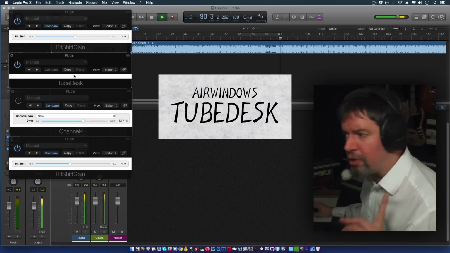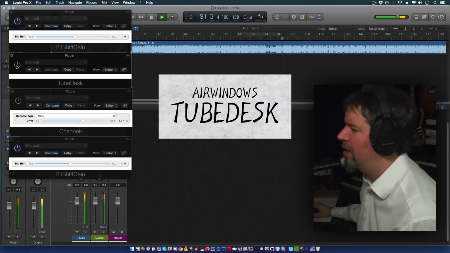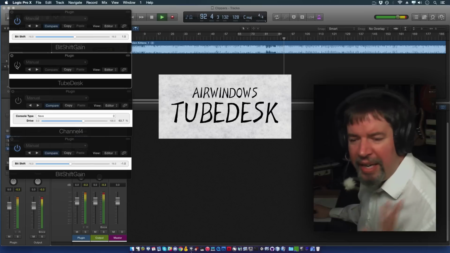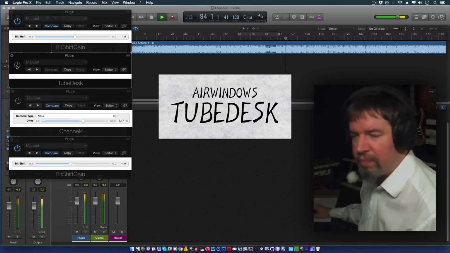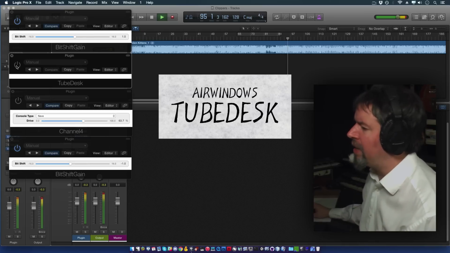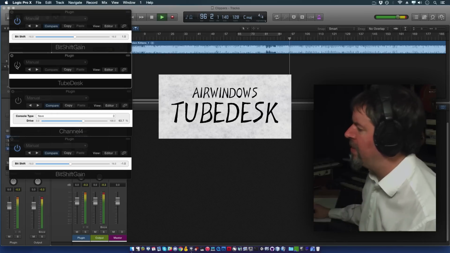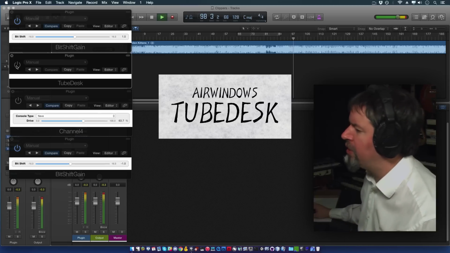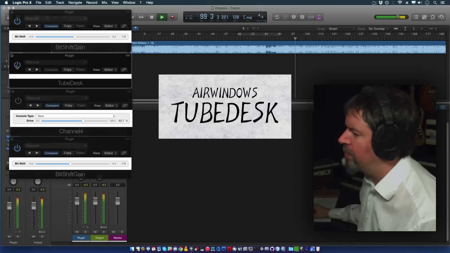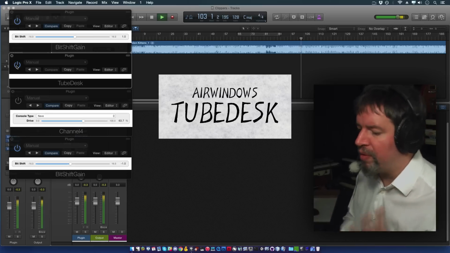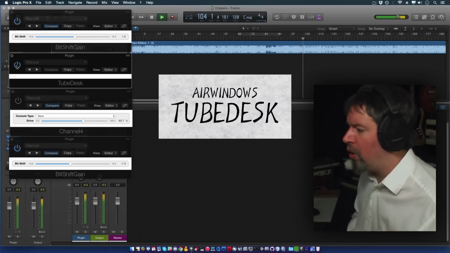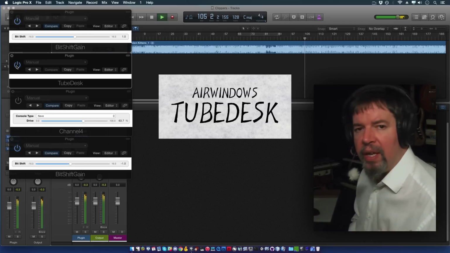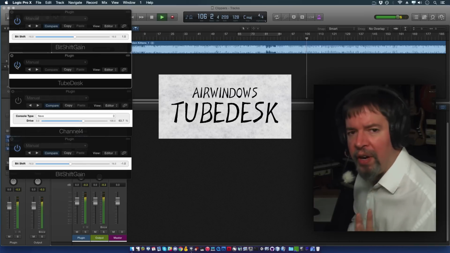Now there's something you should notice about this. This is not eating up all the high frequencies. You can hear plainly that this, without any of that, is very digital, very raw. But then if we turn on TubeDesk, we've got more of an analog-y saturated quality, but it's subtle, and it's not stepping all over the highs.